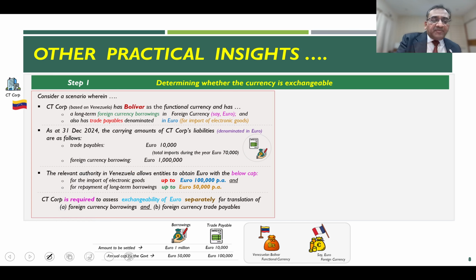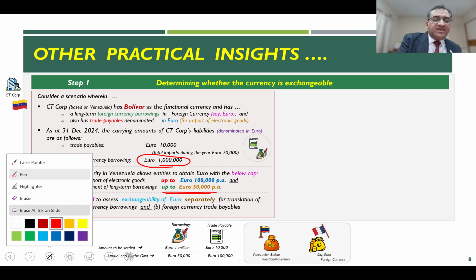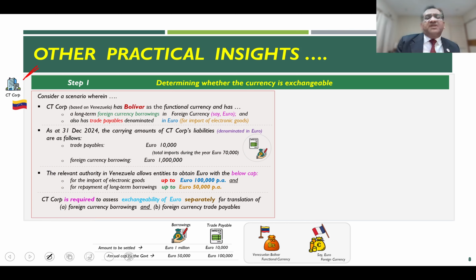Now, though you have 1 million euro of outstanding foreign currency borrowings, the authorities permit only up to euro 50,000 per annum with respect to, let us say, repayment of the borrowings or the foreign currency loans. Now, the question is, if Citicorp is trying to determine the exchangeability of Bolivar with respect to euro, they need to look at both these aspects separately.